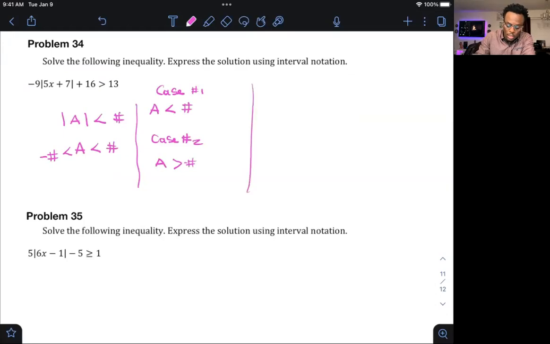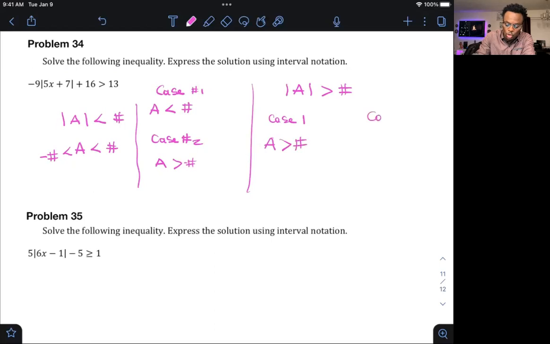Well, if it's the other inequality, if you have absolute value of A greater than a number, do the same thing. Case 1, you drop the absolute value, so A greater than the number.